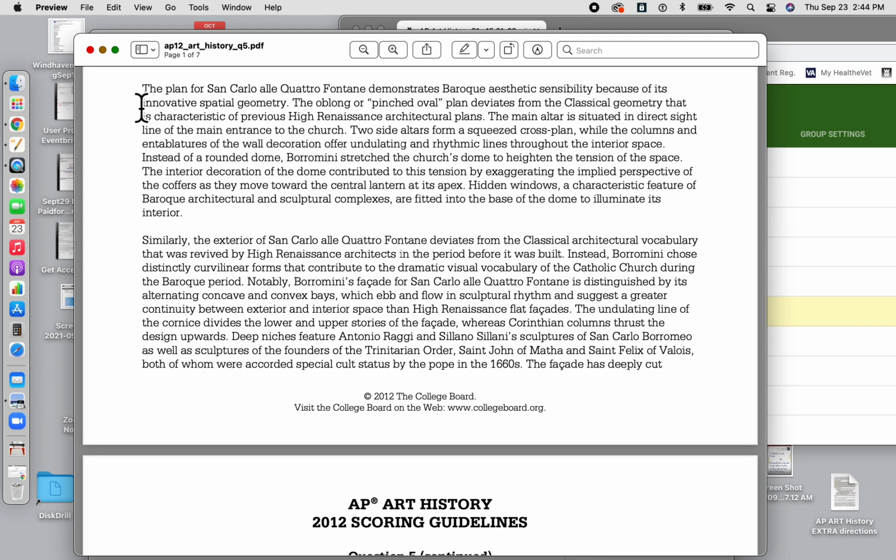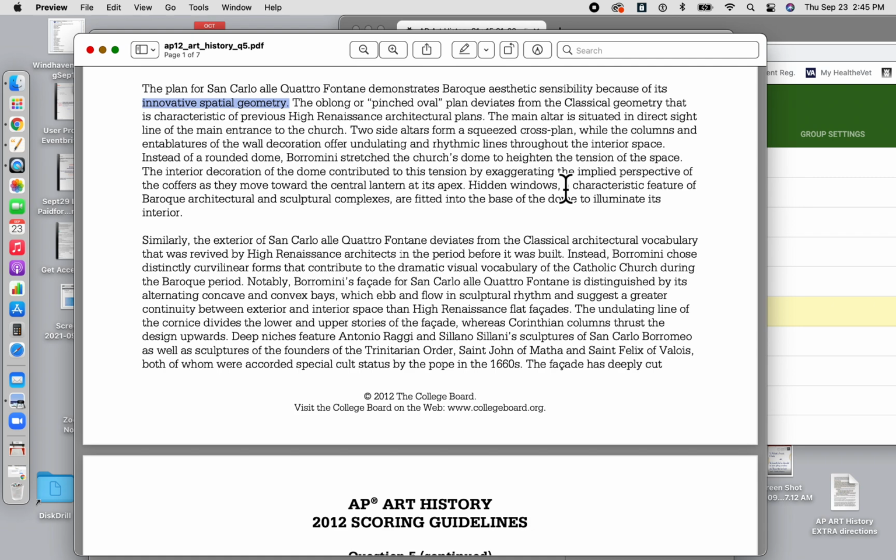But see, the biggest thing is this innovative spatial geometry, and that it's combining that oval with the cross shape, where before, in the other floor plans prior to this, in the High Renaissance and in all the other ones, it was more of a cross.